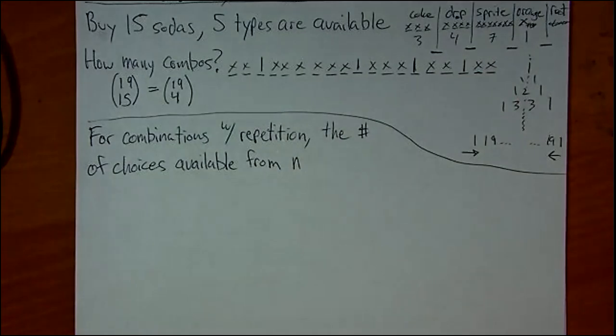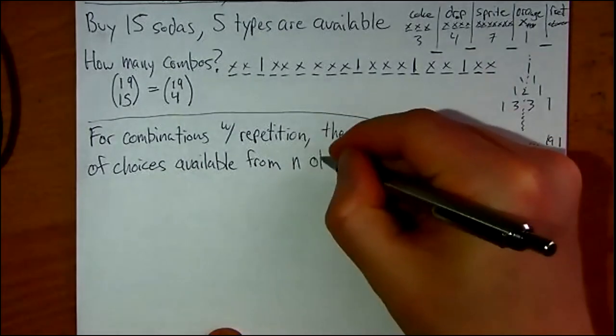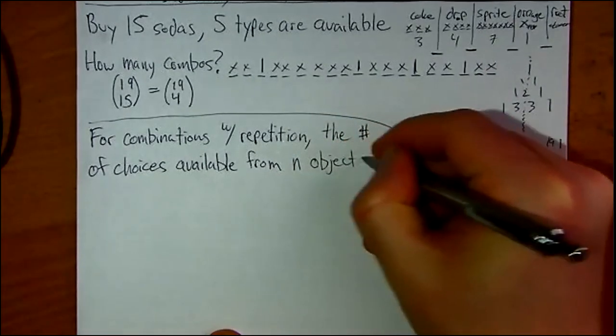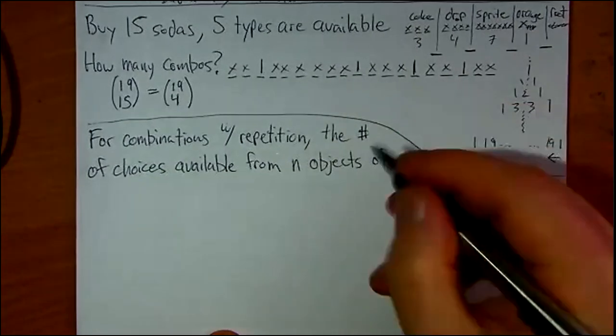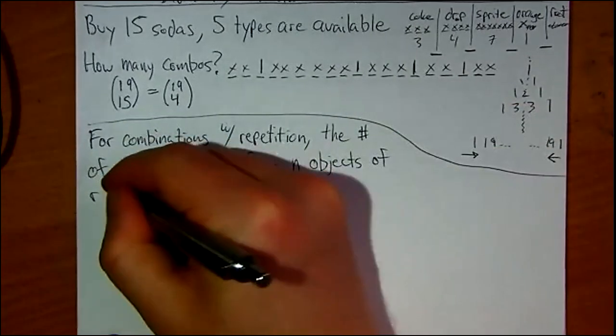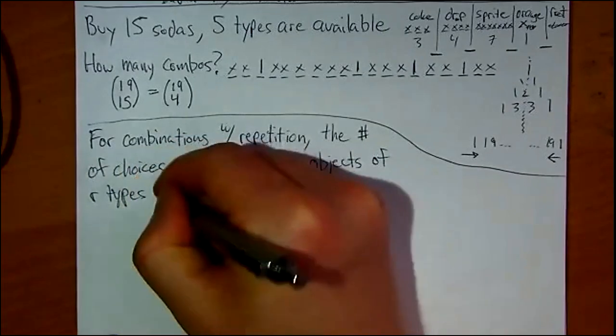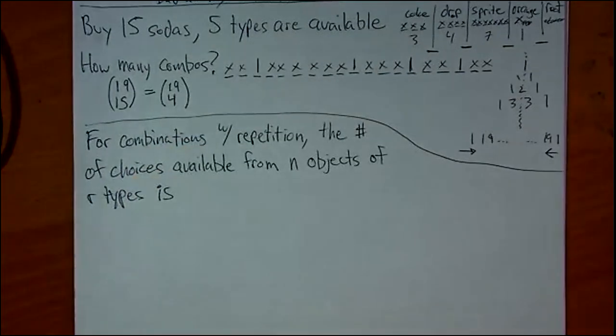R objects, R combinations with repetition allowed. That would be, okay, n objects of R types is what? Can you see the formula for R and N here?